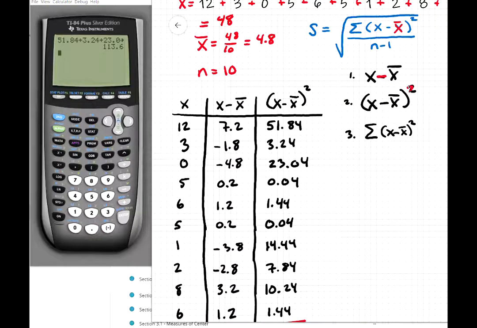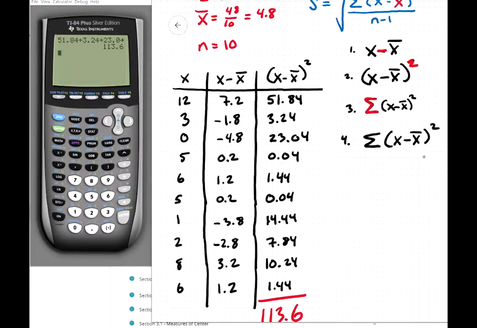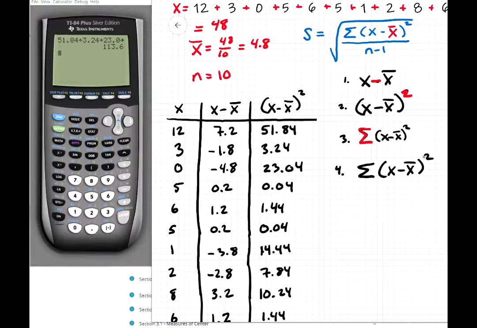All right, so the first thing we did was the subtraction. Second thing we did was the squaring. Third thing we did was the adding. Okay, and now the fourth thing we have to do is take that sum that we just calculated, that's the 113.6, and we should divide this by 9.